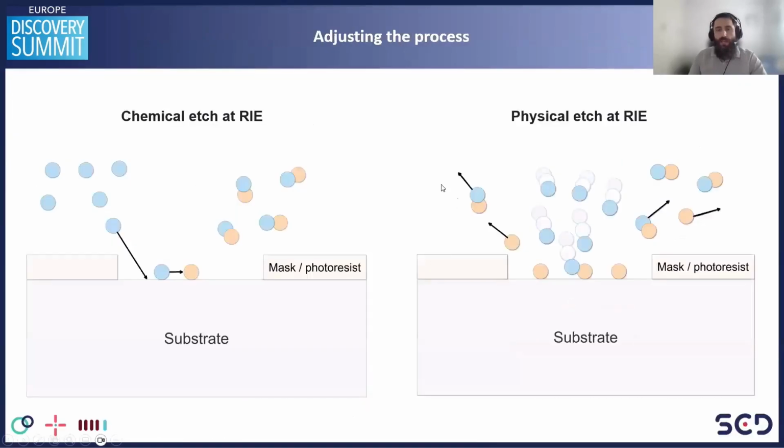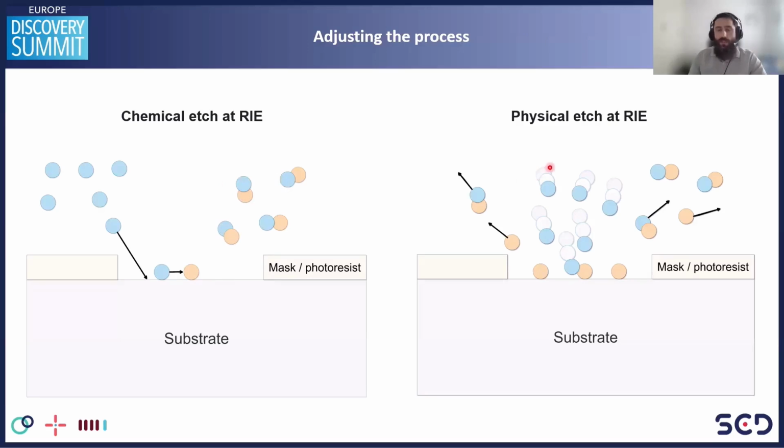So in RIE, there are 2 components that are present at the same time, but by varying the parameters and adjusting them, you could move the etch towards one or the other. So there's a chemical etch component where radicals from the plasma arrive to the substrate, they react on the surface, and then the products are evaporated and evacuated from the chamber.